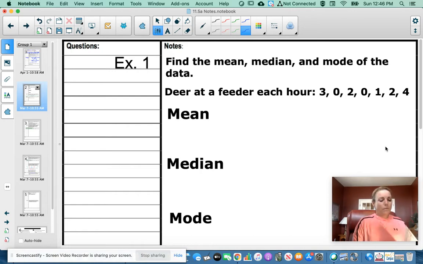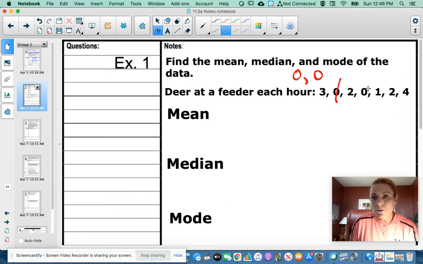Example 1, find the mean, median, and mode of the data, talking about deer at a feeder each hour. First thing I like to do is put everything in order from smallest to largest, because for median, we have to do it that way. So 0 and 0, then 1, 2, 2, 3, 4. Then that's done.